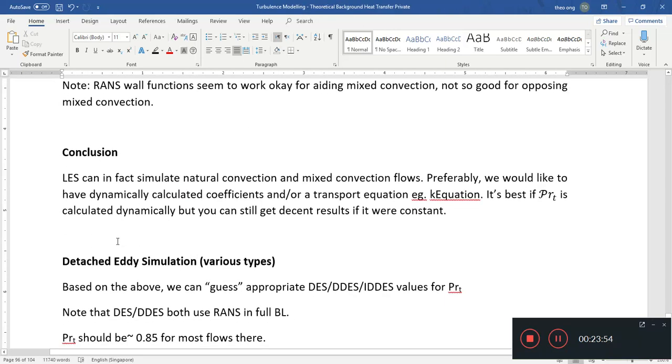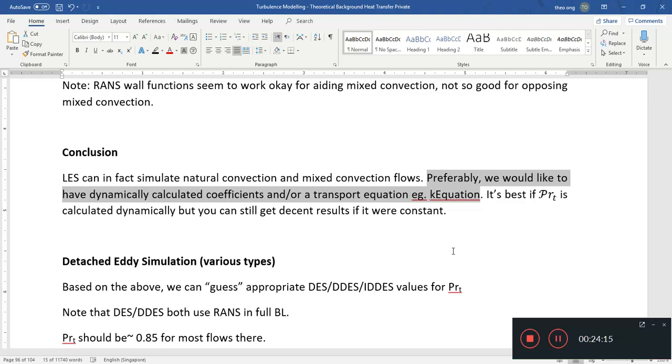So the conclusion for LES is this: it can in fact simulate natural convection and mixed convection flows. Preferably, we want a dynamically calculated coefficient or a transport equation, for example the k equation, which was shown to be very successful for fire modeling. And of course, it's best if the turbulent Prandtl number is calculated dynamically, but you can still get decent results even if it were constant.